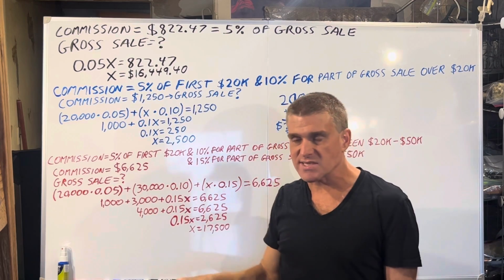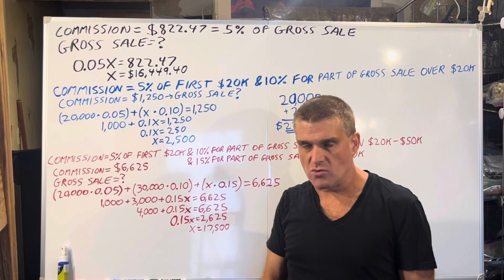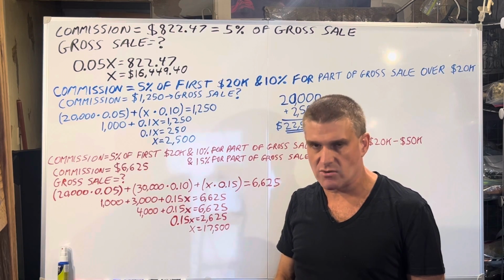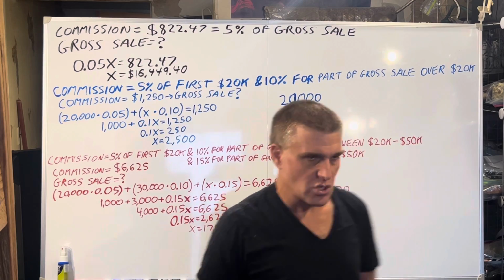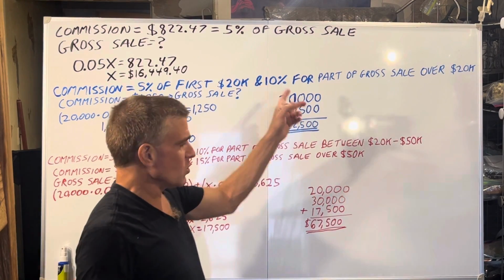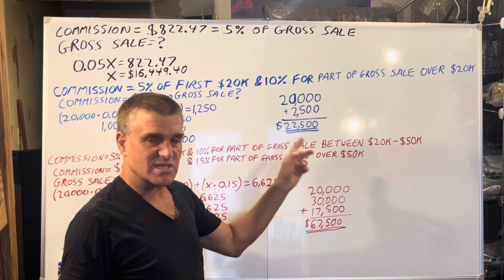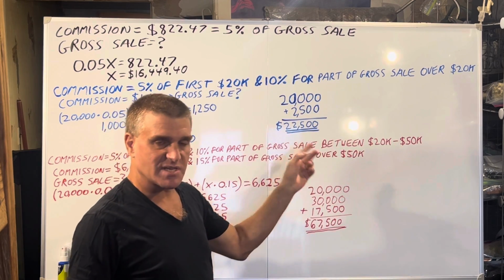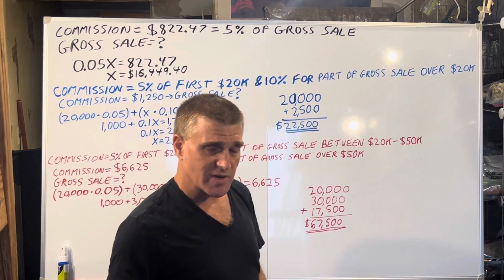What that tells us is that $2,500 of the gross sale was above $20,000, and that was what was given 10% commission. So we add these two numbers together, 20,000 plus 2,500. So the total gross sale was $22,500.